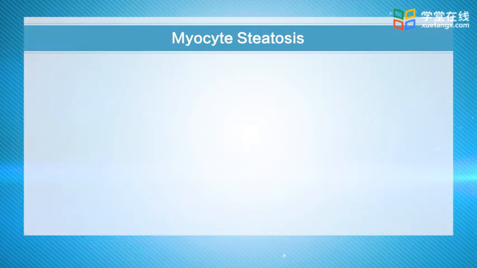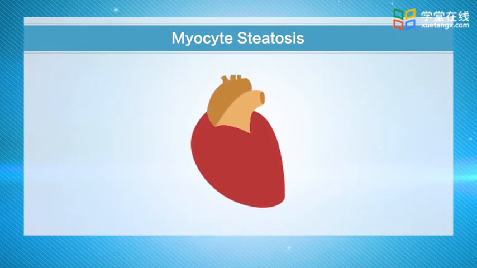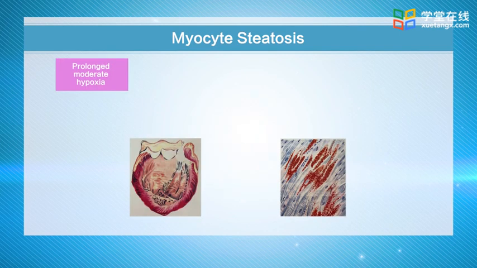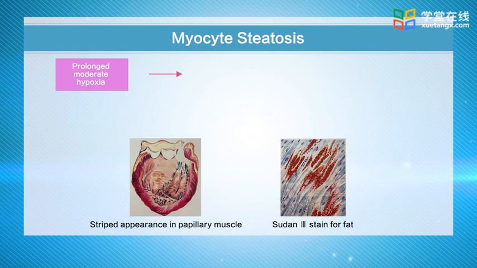Another common site for fatty change is in the heart. Prolonged moderate hypoxia, as in profound anemia, results in focal intracellular fat deposits in heart muscles. Gross appearance shows apparent bands of yellow myocardium alternating with bands of red unaffected heart muscle cells.